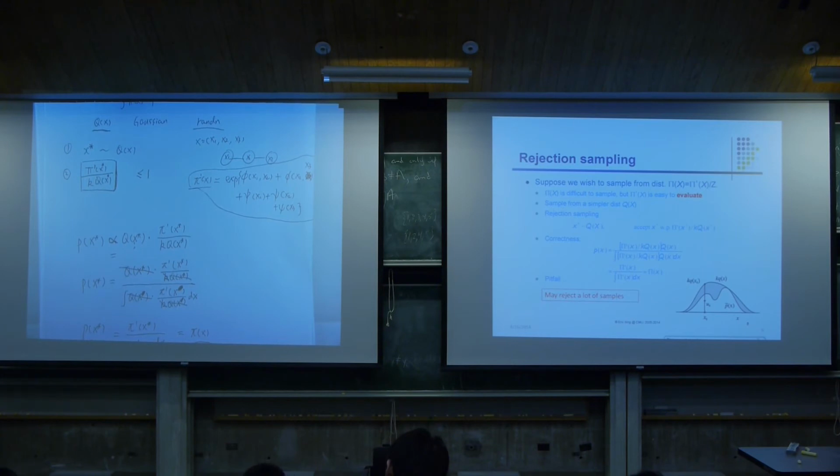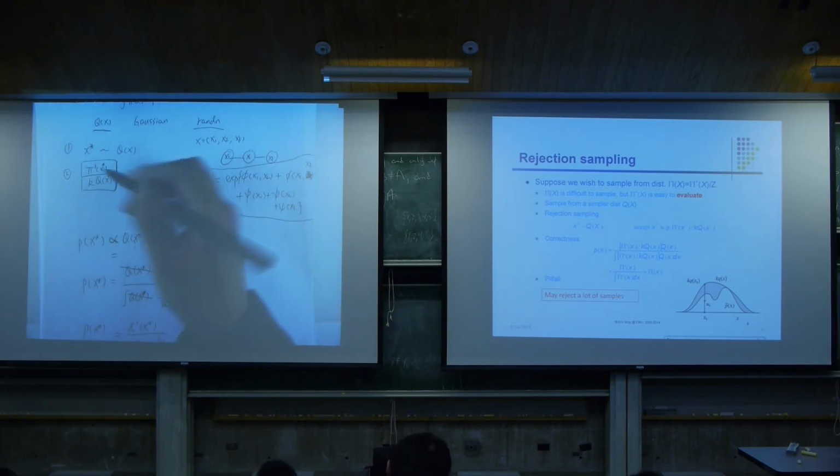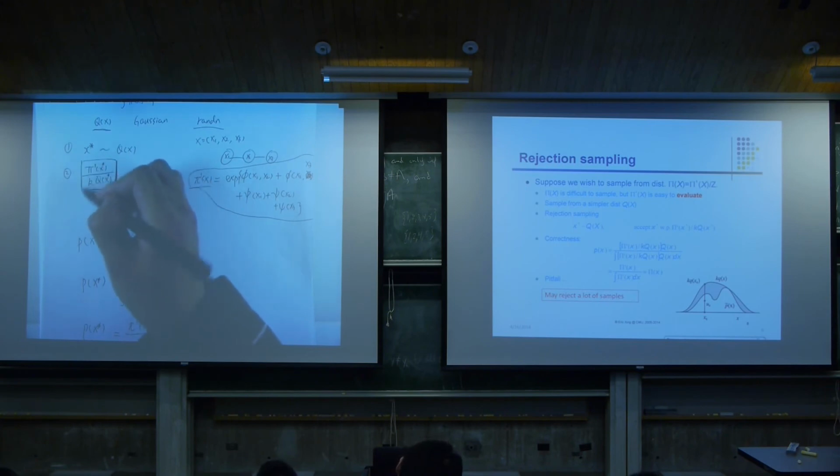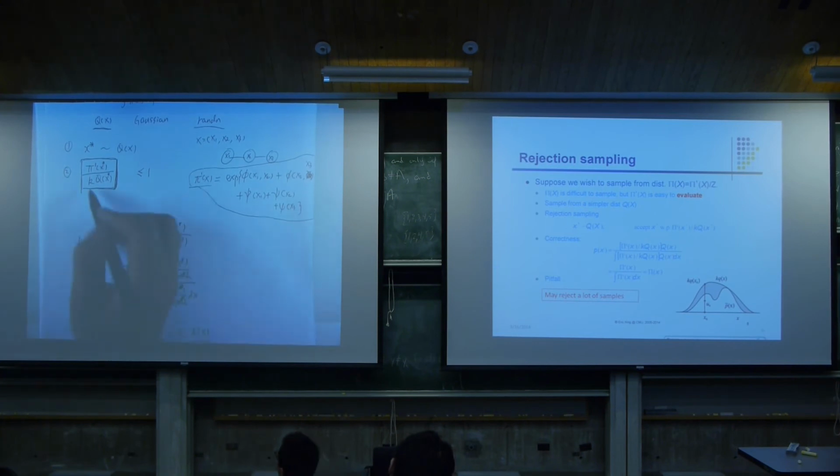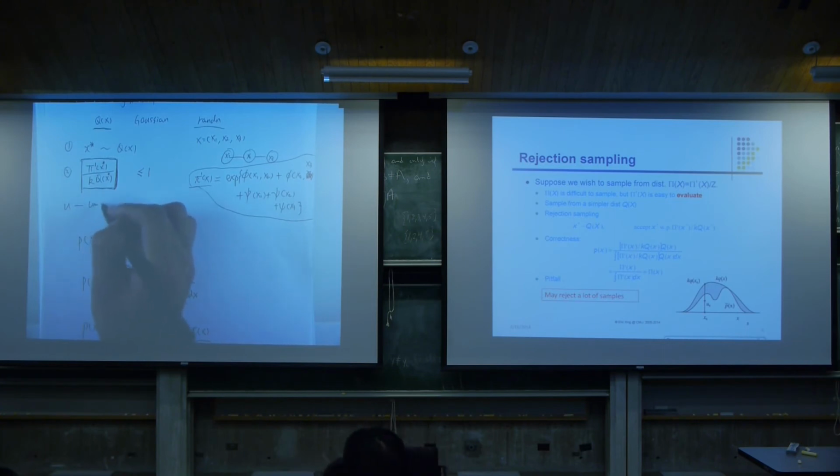Oh, that is here. So this is a probability, right? And in the second step, we are going to make a binary decision whether to accept it or not. So how do you draw a sample from a Bernoulli distribution? You draw a sample mu from a uniform distribution from 0 to 1, right? And you compare mu with this quantity.